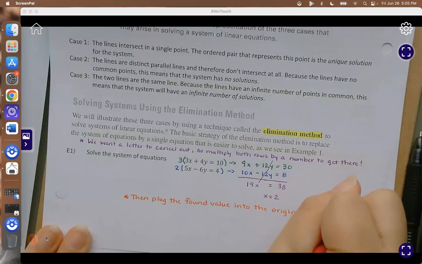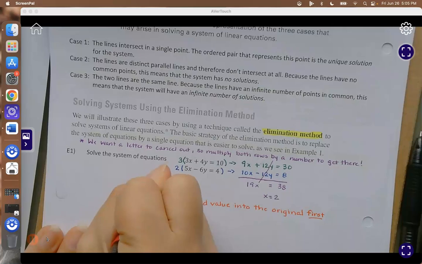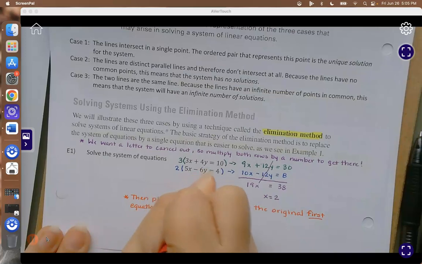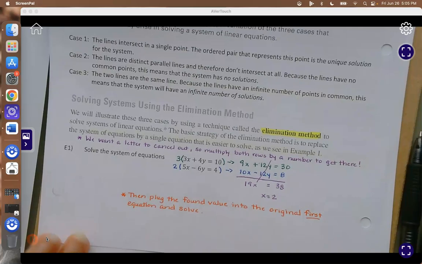Now, you could plug it into the second one, but if I just tell you to do it into the first one, then you're not going, okay, which one works, which one doesn't? Just always plug it into the first, and then you don't have to worry about it. But yes, it would work in both. But use the original equation.